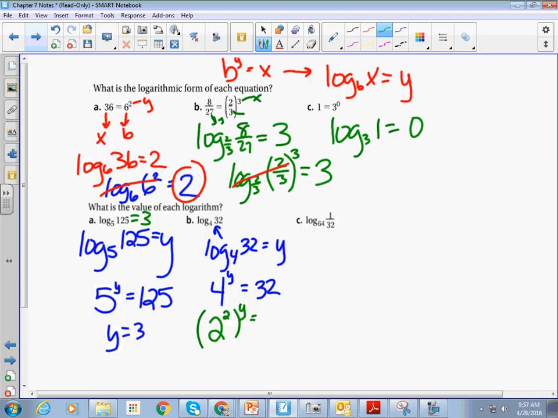And we know 32 is 2 to the 5th. So 2 to the 2y equals 2 to the 5th. Same base. We know that 2y has to equal 5, or y has to equal 5 halves.